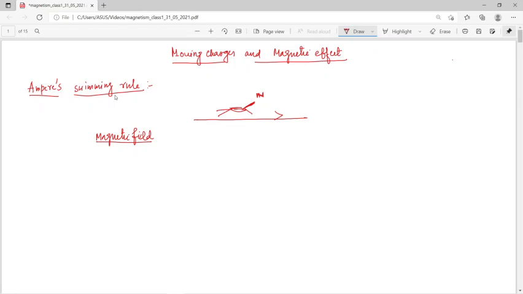A magnetic field is the space or region around the current carrying conductor within which its influence can be felt by the magnetic needle.